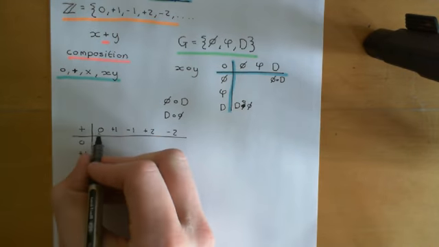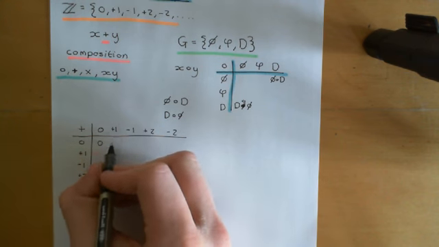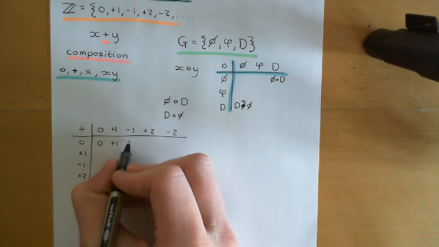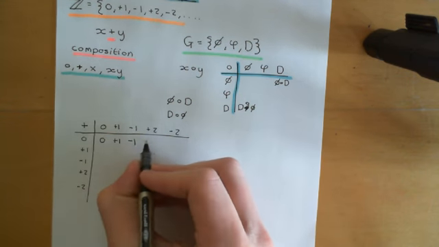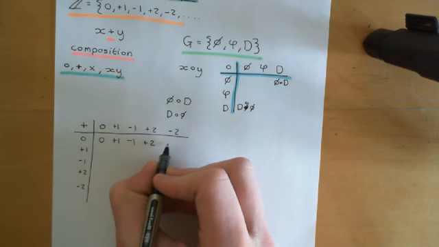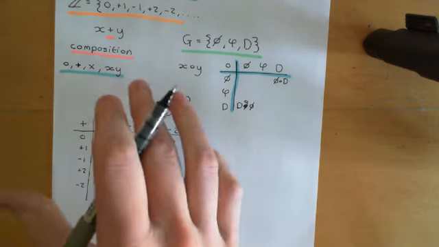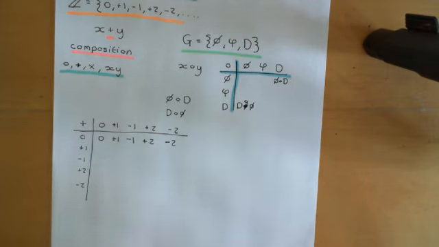So 0 composed with 0, or 0 plus 0, is just 0, 0 plus 1 is plus 1, 0 plus negative 1 is of course negative 1, 0 plus 2 is plus 2, 0 plus negative 2 is of course negative 2. And you could go through and continue filling in this table, and of course the table would go on and on and on.